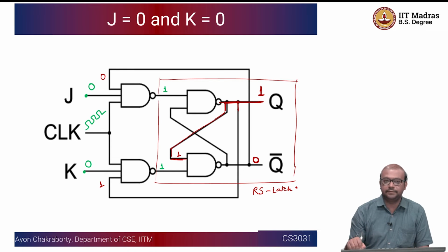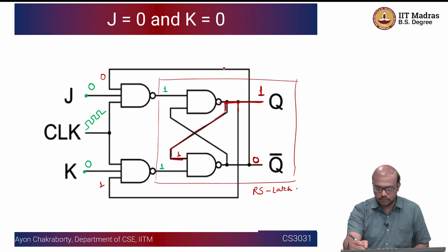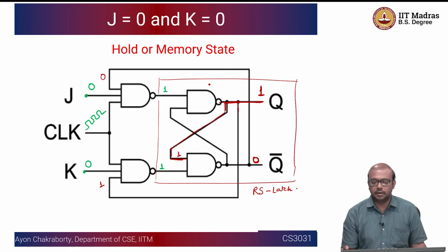So in the JK flip-flop, if J is equal to 0 and K is equal to 0, the R and S inputs are becoming 1. So this is basically going to act as a memory hold state.